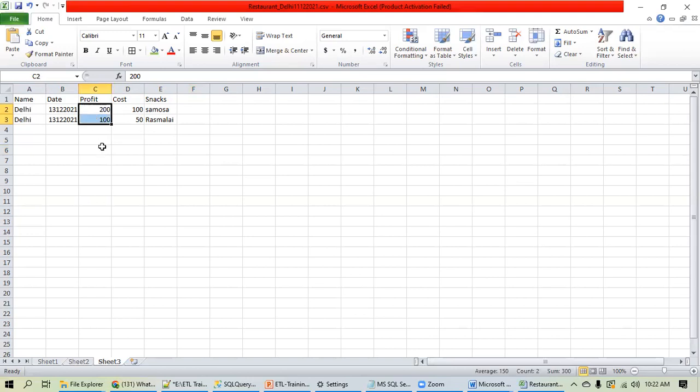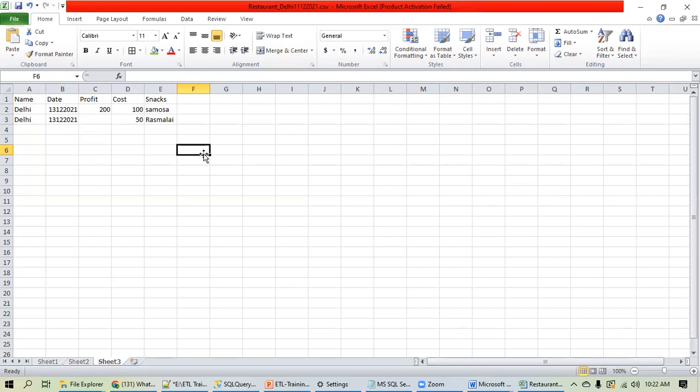You will add these two, right? And you tell me that the total profit is 300 rupees. Am I correct? But suppose this 100 is missing. If it is missing, now tell me, what is the total profit? Either you will tell 200.